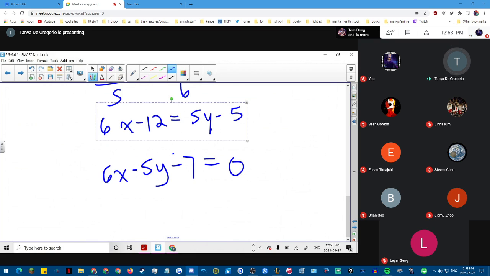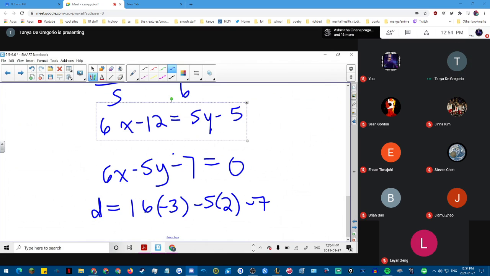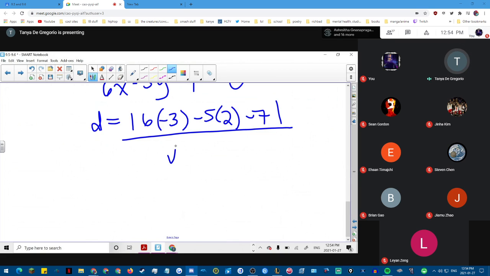Once I have the Cartesian equation, again, I'm just subbing into the formula. So ABC is right there, 6, -5, -7, and you sub in the point, over the magnitude of AB.